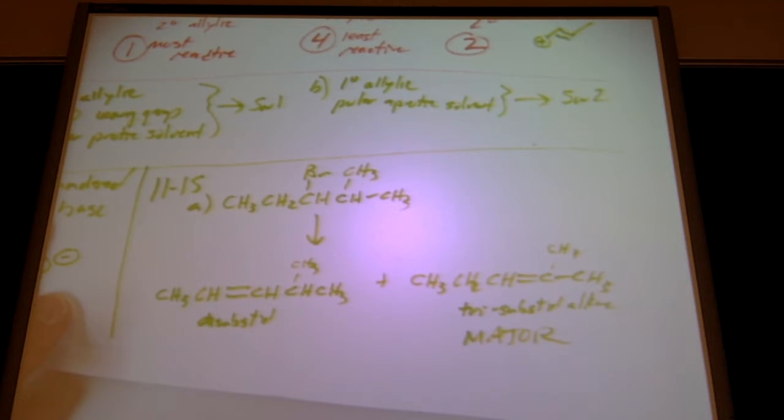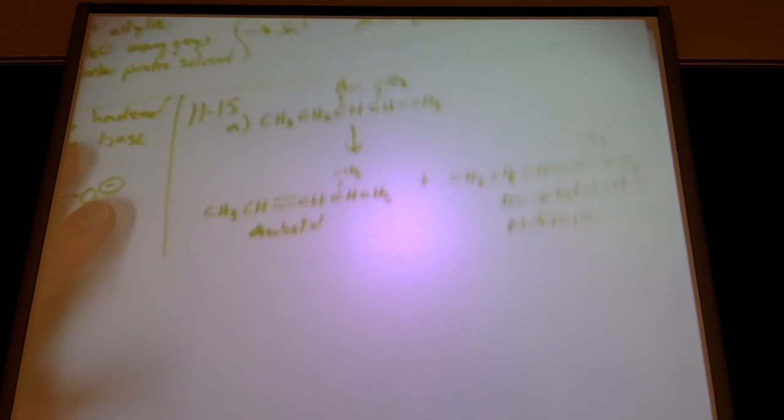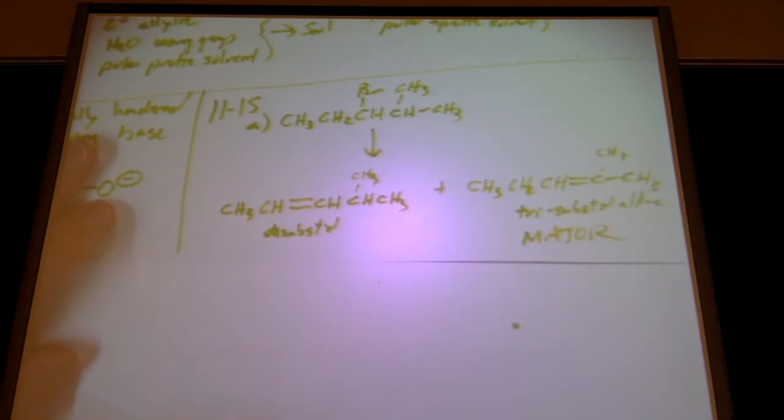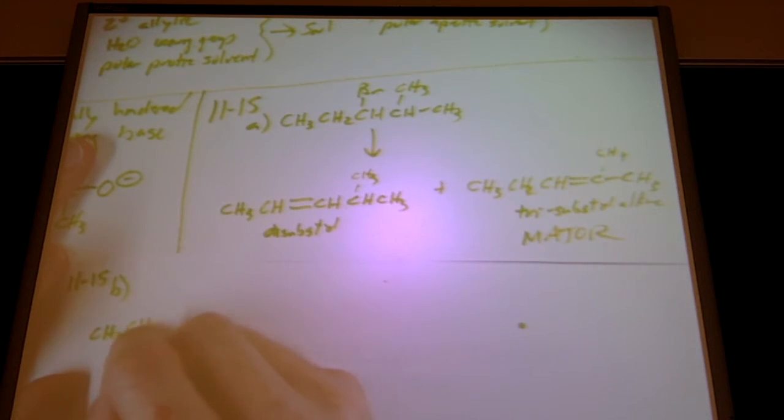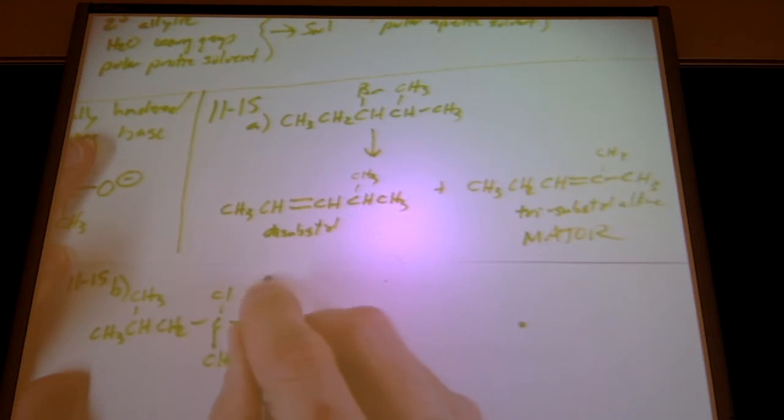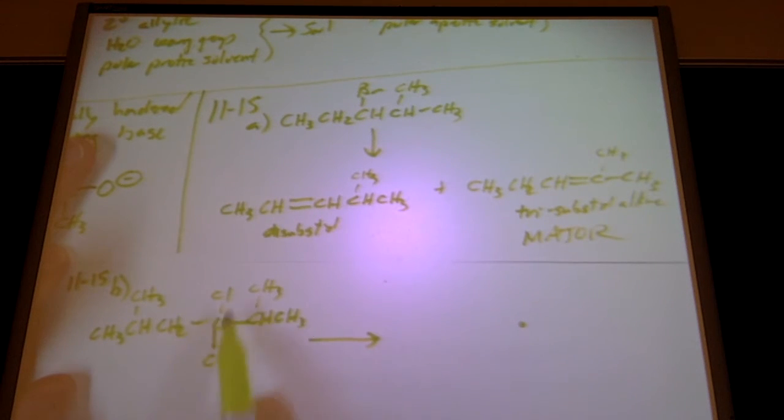Let's look at B. So here's my carbon with my halogen. My double bond can form between that carbon and the adjacent position.